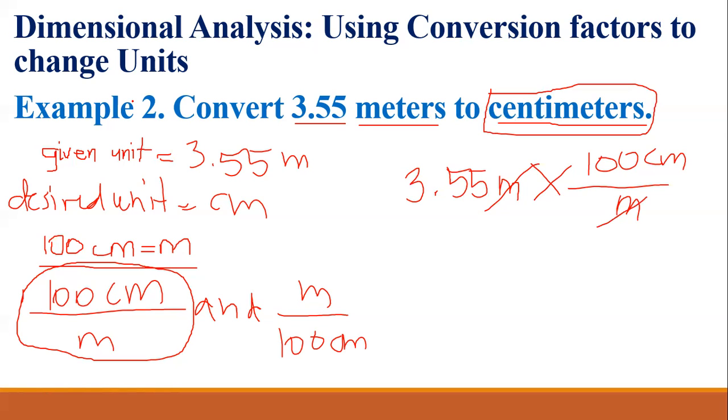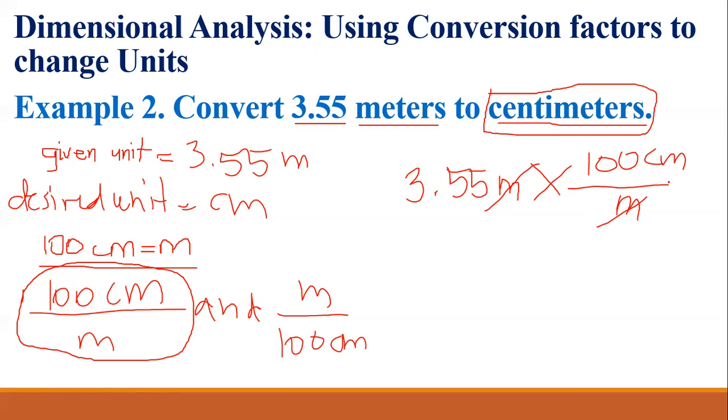So, we cancelled the undesirable unit, which is meters, because we are converting meters into centimeters. So the given number should be multiplied by the value in each numerator and then divided by the value in each denominator. Okay, so do we need to use a calculator?